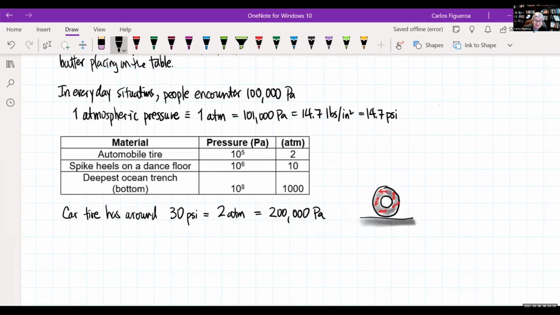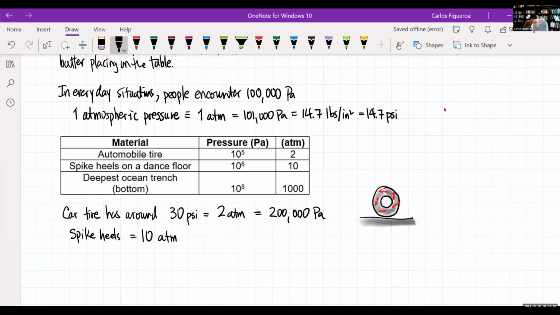Check out the spiked heels. Look at spiked heels. Wow. They are 10 atmospheres. Now that is something serious here.